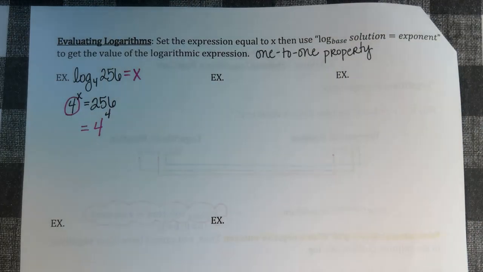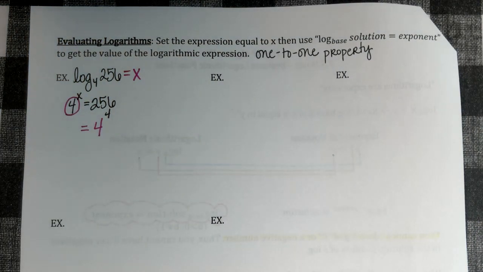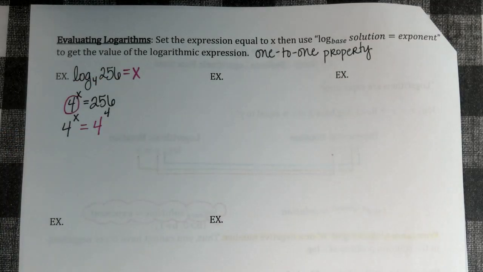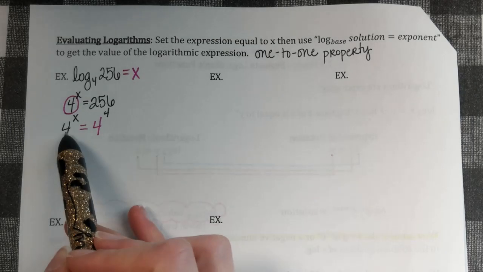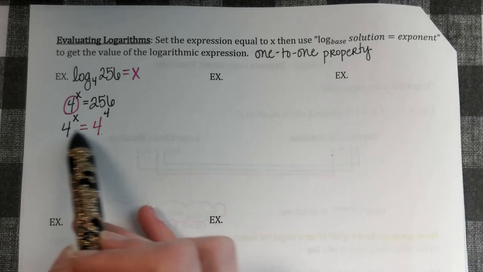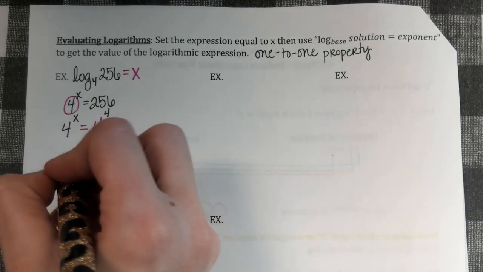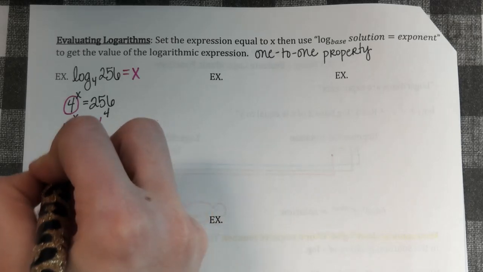So I'm going to replace 256 with 4 to the 4th, and then I just bring down my 4 to the x power. So again, you're only changing the larger number, and you bring it down to the smaller base. Now I have equal bases. That's my one-to-one property. So if my bases are equal, that means my exponents are equal, and I can say x is equal to 4.